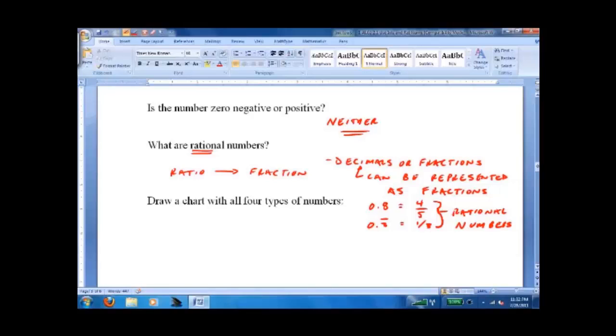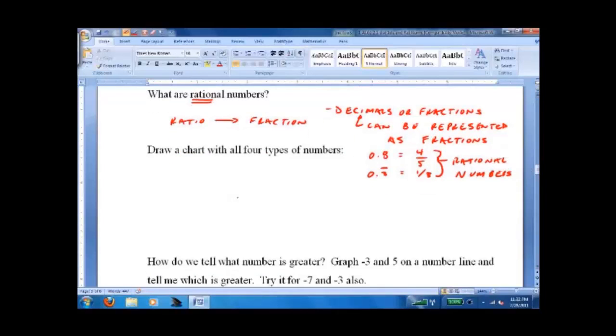So if we were to chart them, we would have the natural numbers in the very middle. And we add the number 0, and that would give us the whole numbers. Then we add negative numbers, and that gives us the integers.